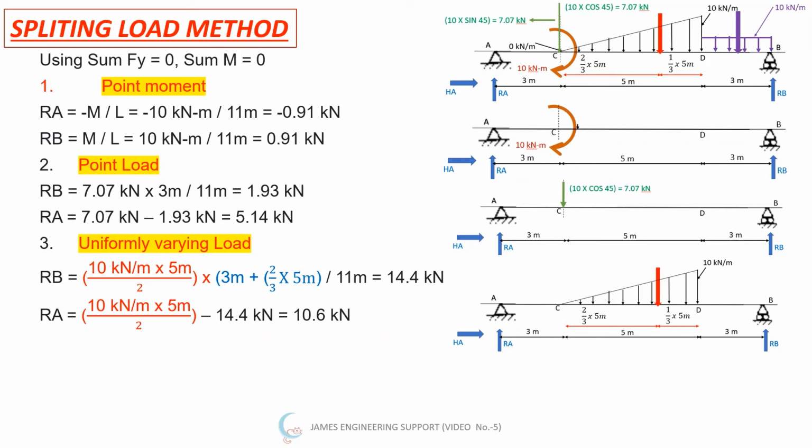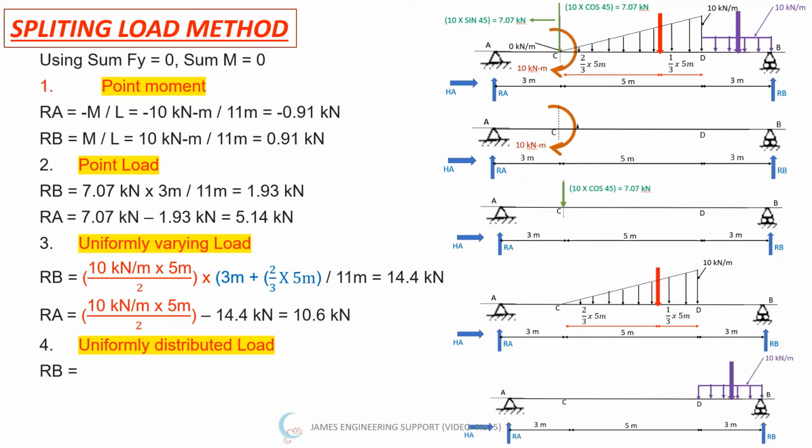The last load will be the uniformly distributed load, or UDL. So we will calculate RB, that is 10 kilonewton per meter multiplied by 3, which will be equal to the total load, and then we will multiply it with the lever arm, that is 3 plus 5 plus 3 by 2, which will be the total lever arm. Then we will divide it by the entire span of the beam, that is 3 plus 5 plus 3, that is 11 meter.